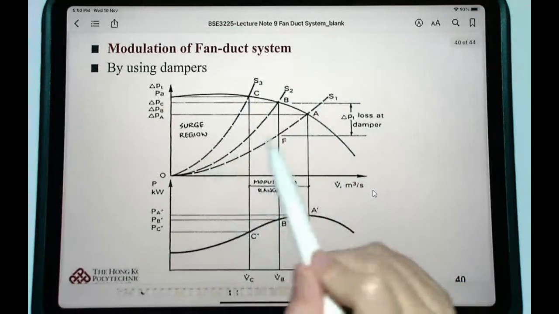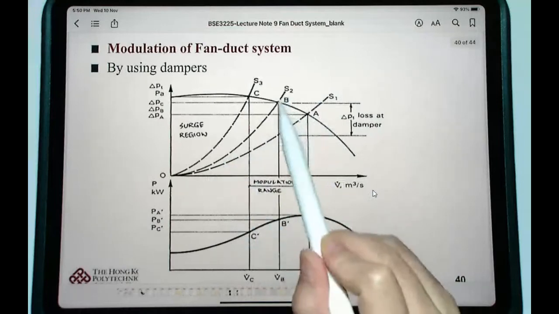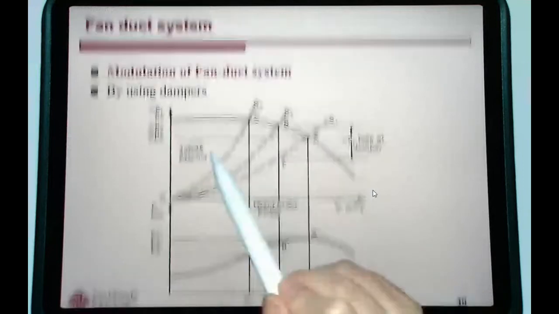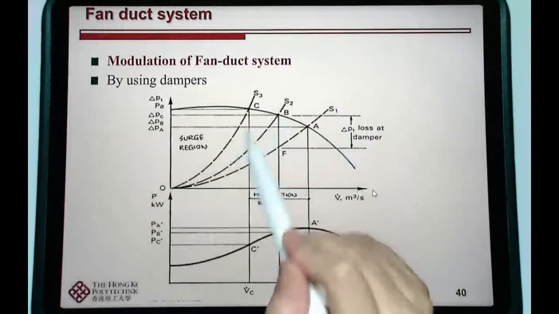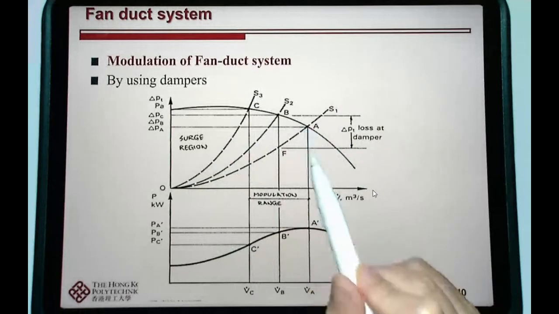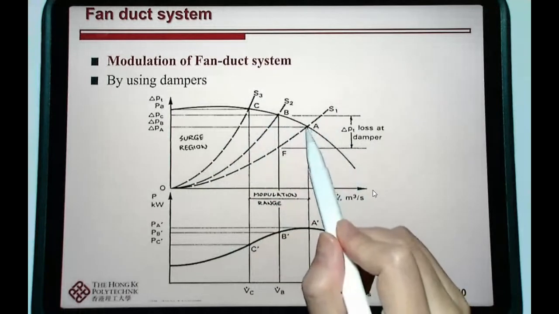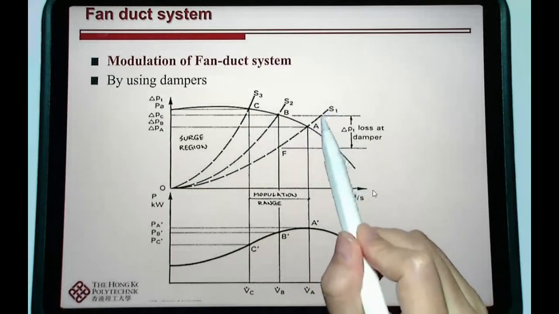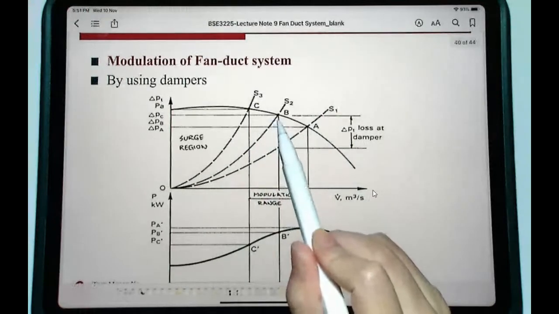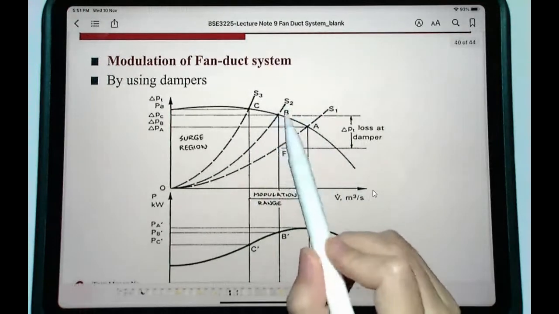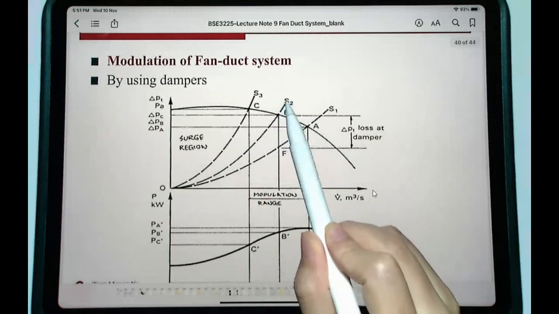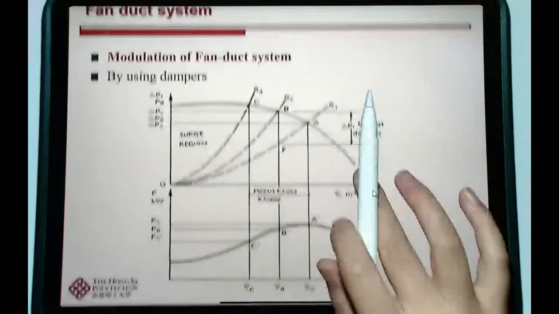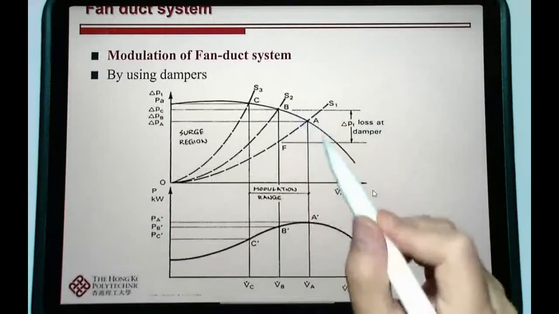So by changing the damper position, you change the system curves, S1, S2, and S3, and the corresponding operating pressure will also change. Point A is the operating point corresponding to system curve S1, point B corresponds to system curve S2, and C corresponds to S3.